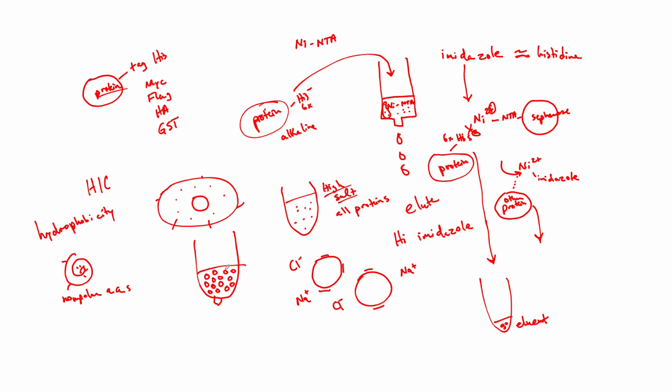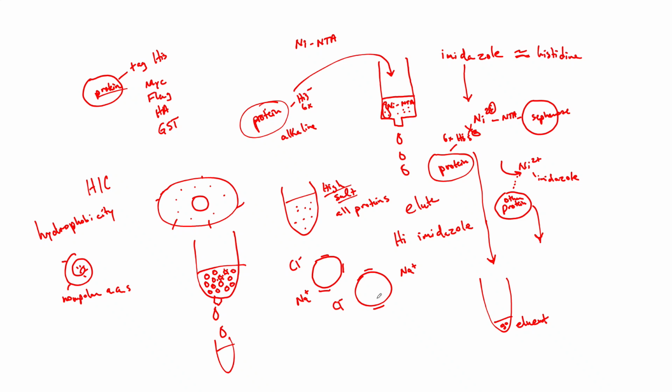So once they're all bound to these hydrophobic beads in that high salt concentration, then what we're going to do is add little aliquots of lower and lower salt concentrations to this column, and with each lowered amount of salt that we add, we will elute out some of the proteins into a tube. So, for example, this guy here that only has 2 hydrophobic patches does not have as much affinity as this one does with 3.